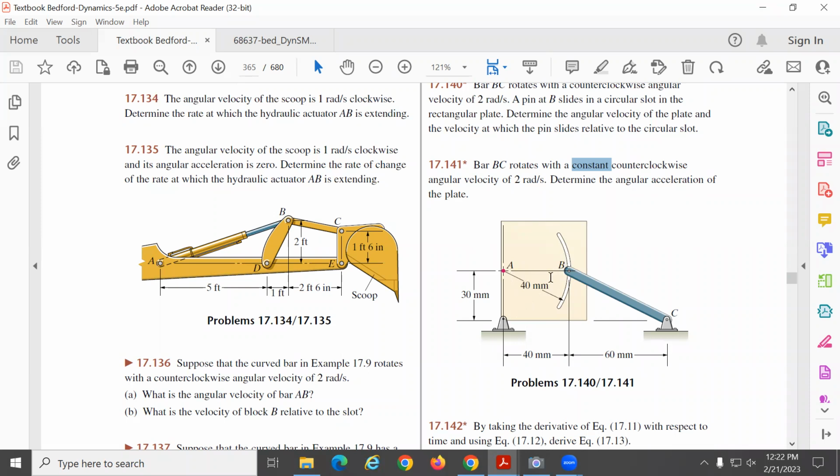And then the normal one will be the negative relative velocity of B with respect to this point squared divided by R, which is 40, times the vector 1, 0. Does that make sense? There are not that many calculations, because we know the vectors directly.